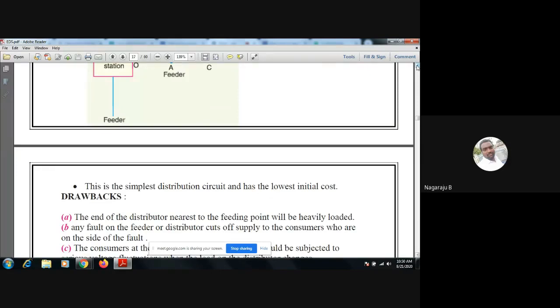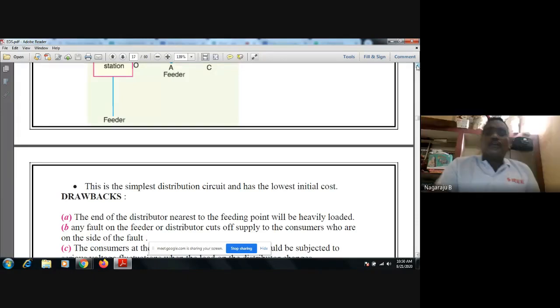This radial feeder configuration is highly usable. Why is it highly usable?